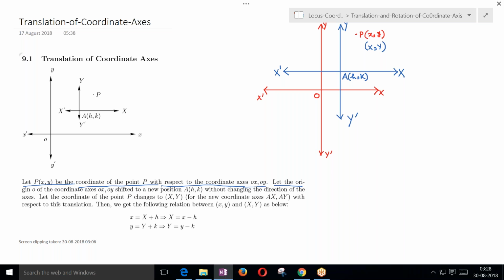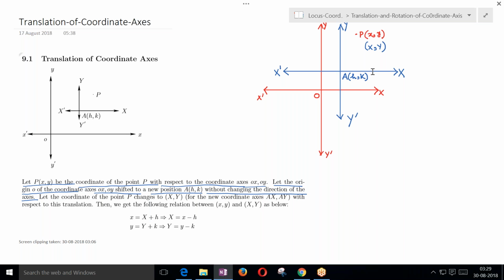Let the origin O of the coordinate axes OX, OY be shifted to a new position A(h, k), which you see here, without changing the direction of the axes. Without changing the direction of the axes means that whatever the earlier direction was, we have just shifted from that point to another point without changing the way it was directed to the right-hand side and left-hand side, top or bottom. Exactly the same, we have just shifted.